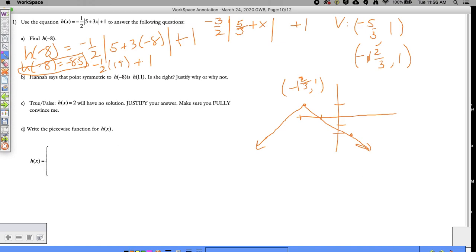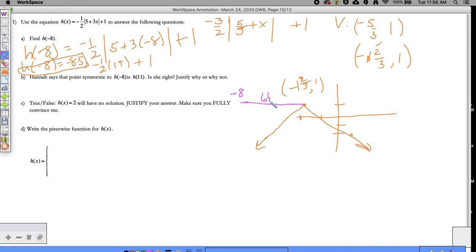I'm going to say I don't know, but if I go out to where x is equal to -8, we have to figure out how far it is between -8 and -1 2/3. So you're technically doing -8 plus 5 divided by 3. And that distance away is -6 1/3.